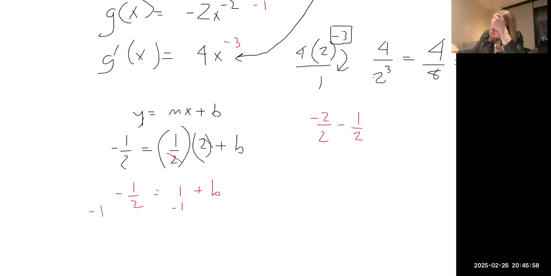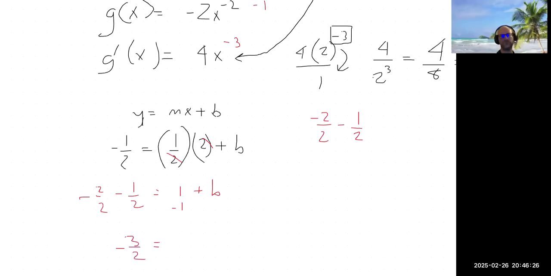Oh, I didn't notice that, but you're right. We actually could have just left it as 2/2 and subtracted that to the other side. So -1/2 equals 2/2 plus b. So the -1/2 minus 2/2 equals b.